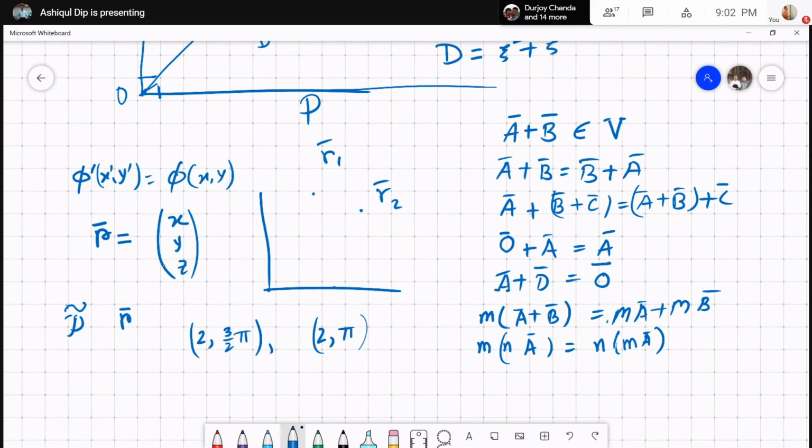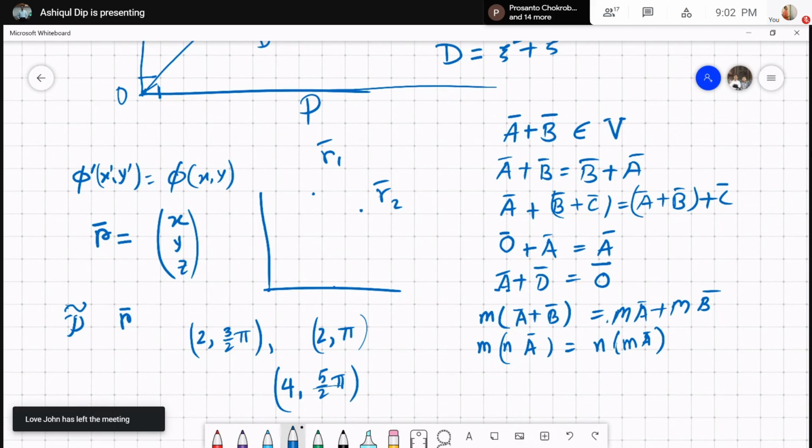But if you define your addition by just adding component-wise, then it becomes (4, 5/2 pi), right? Is this a valid point? No. Why? Because of non-linear coordinates. No, because your second coordinate, 5/2 pi, is not defined there. So that doesn't form a vector space.